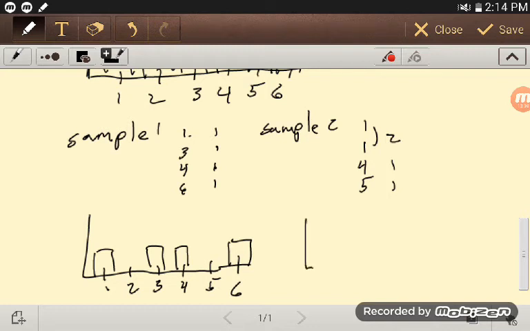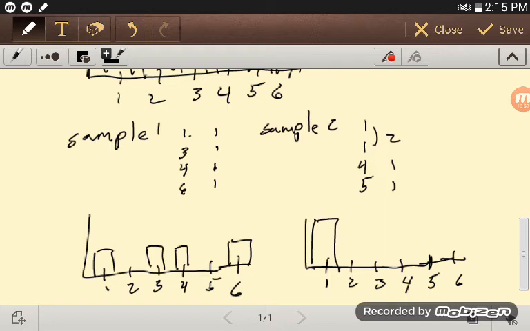Now, in this case, though, 1, 2, 3, 4, 5, 6, and I've got 2 here, and none for any of these 2 or 3, but then 1 for those. And there's my, you know, here's a sample distribution.